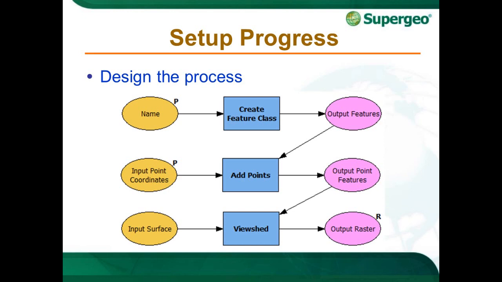We can also use the create feature class tool, which you can see on the top of the screen, that allows the user to build up a new dataset like a feature layer, name it, and use the output feature to store all the points. In the bottom part, you can see we're using the viewshed tool with the point that the user defined, and we input the surface data, so the output raster will be shown as the viewshed.